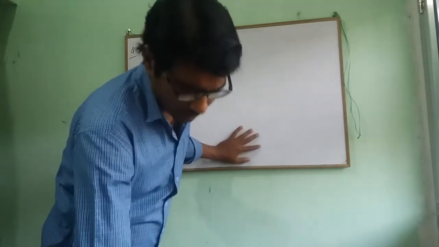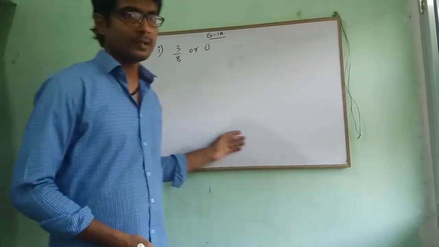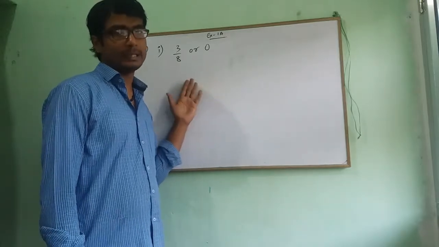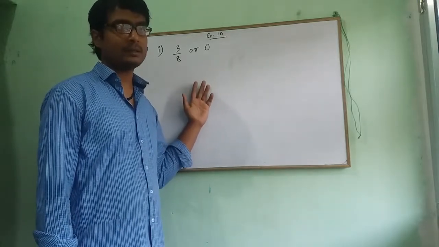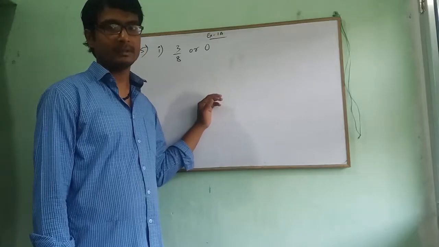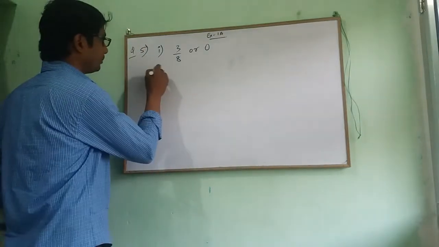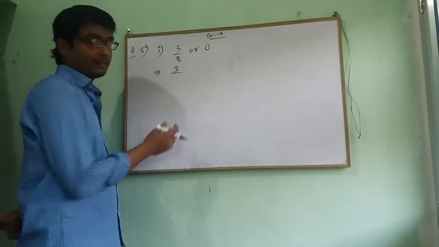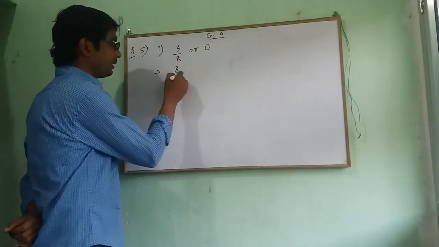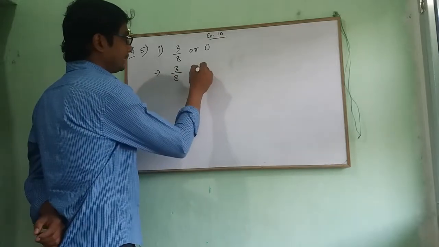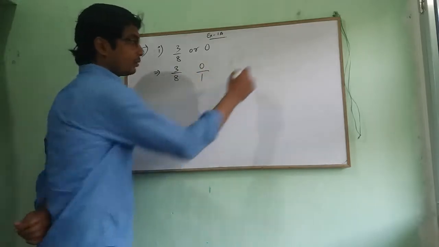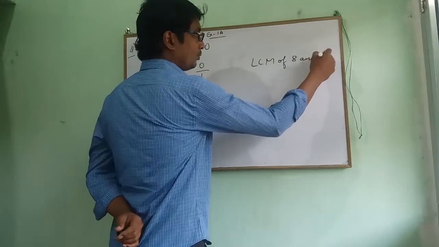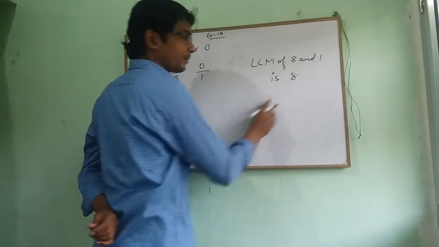As I have already told you in the previous part, in order to compare rational numbers, we first have to take the LCM of the denominators. So from here you can see that first of all I have to convert it into standard form and then I have to take the LCM. In the first rational number the denominator is 8 and in the second rational number the denominator is 1. So the LCM of 8 and 1 is 8.